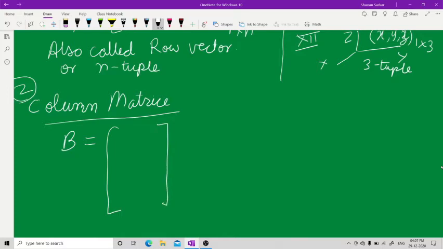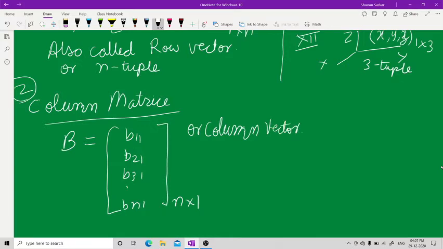Now you write B11, B21, second row first column, B31, and so forth, Bn1. This is n cross 1. This is of this format. This is known as a column matrix or column vector.